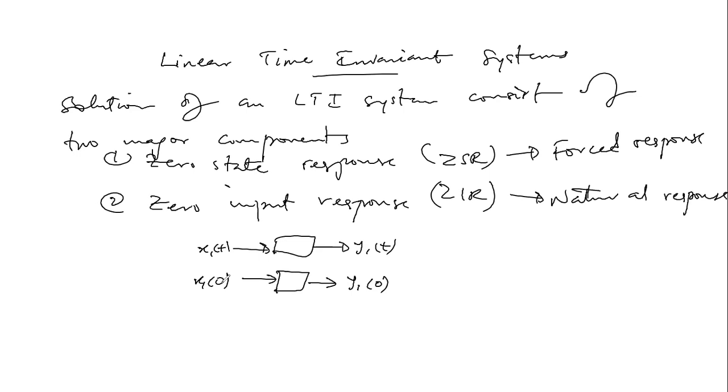So in analyzing the LTI system, we can now separate the solution into two parts. The zero input response, therefore, is the output of the system when the input is set to 0.